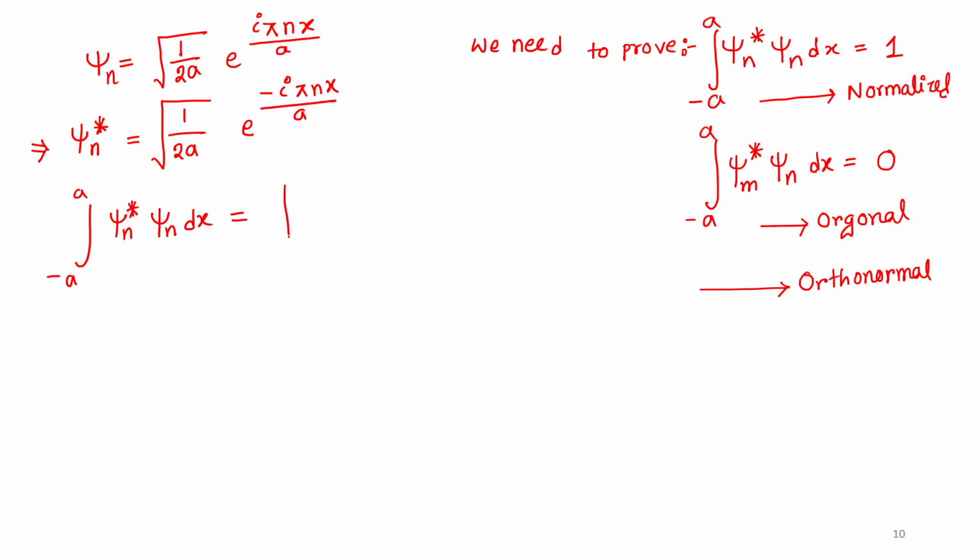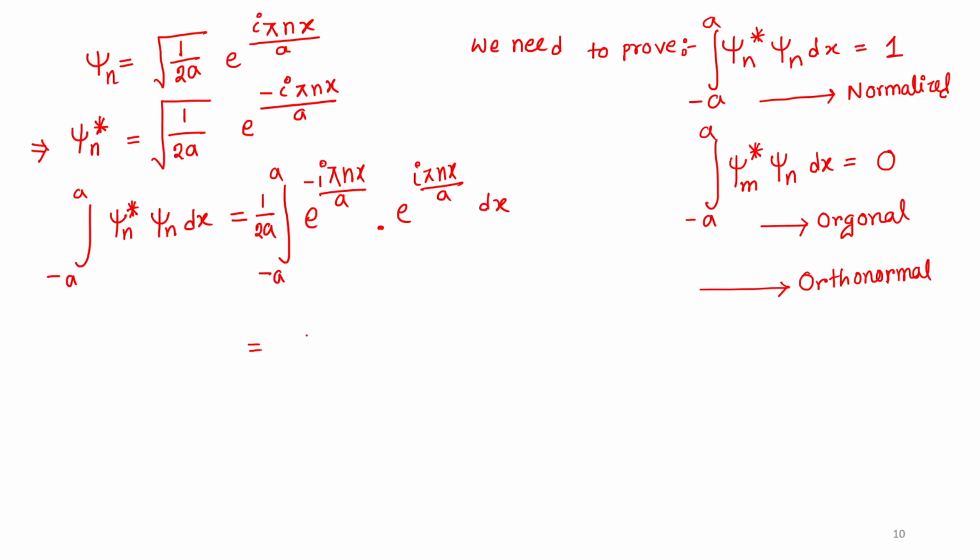That equals the integral from minus a to a, outside the root 1 by 2a, and inside the root e to the power minus i pi n x by a multiplied by e to the power i pi n x by a dx.